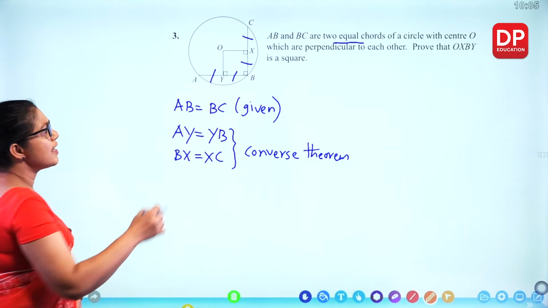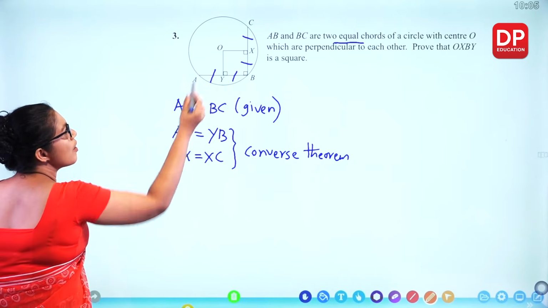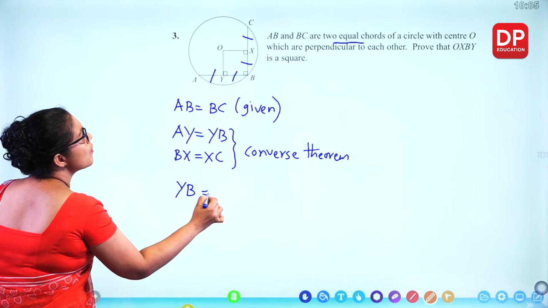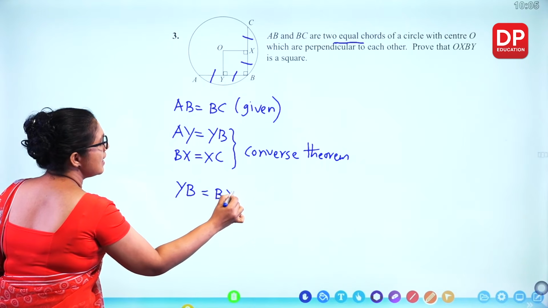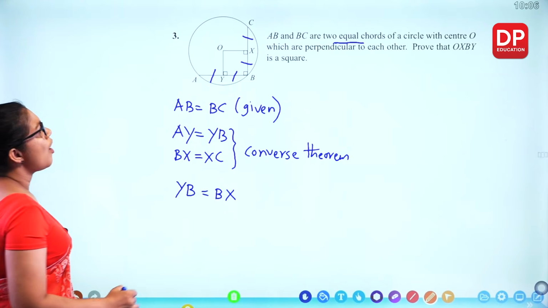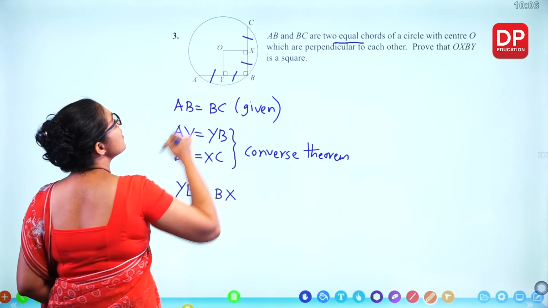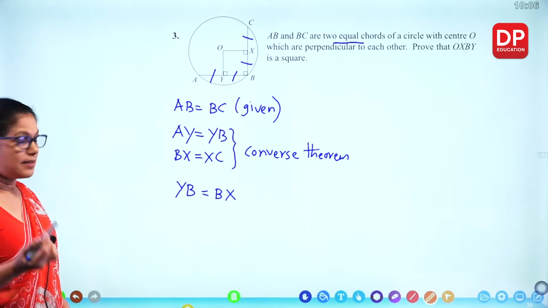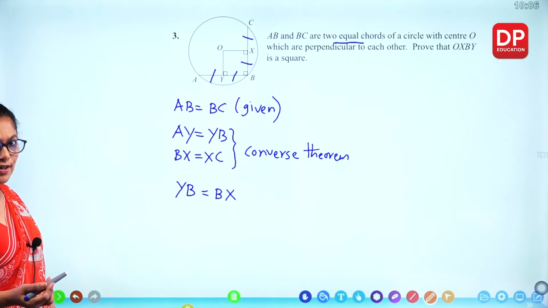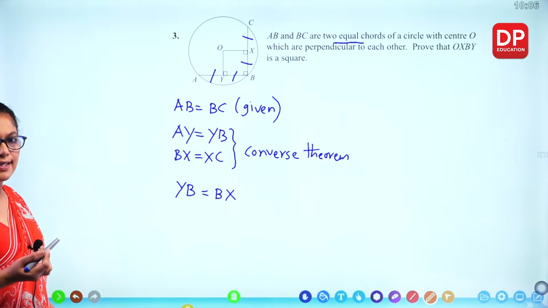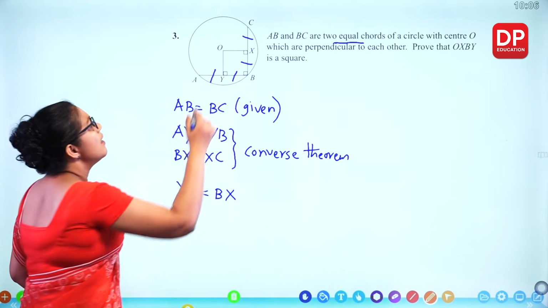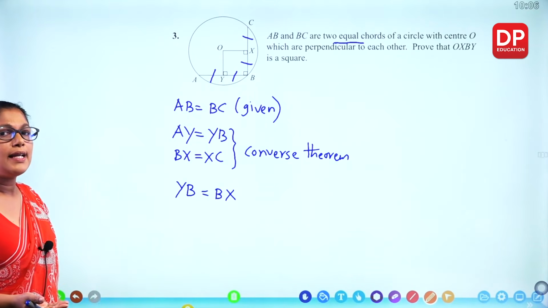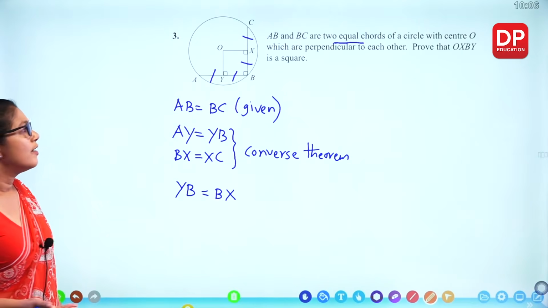So what can you say from this diagram? According to this one, we see YB is equal to BX. So how do we know this is also equal? Because this is a quadrilateral with 90-degree angles, the opposite sides are equal, either in a rectangle or a square.